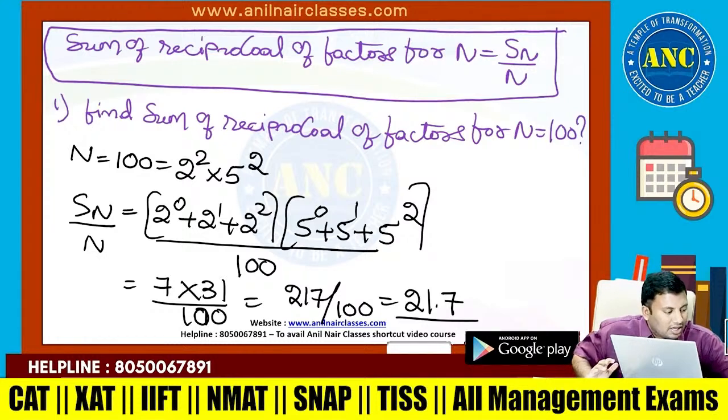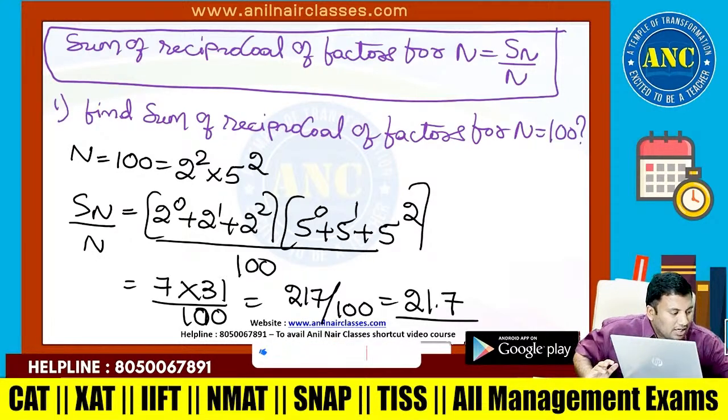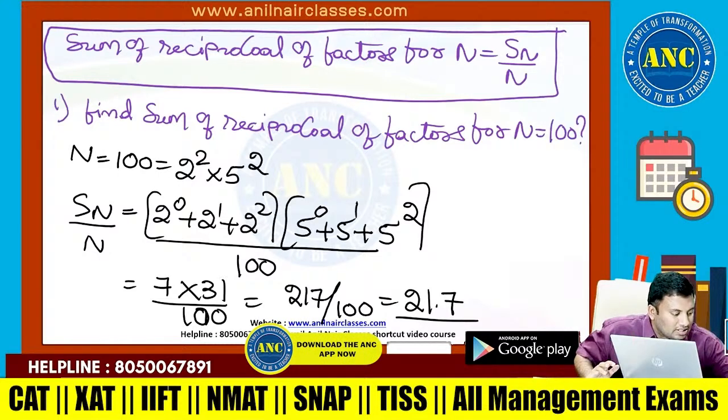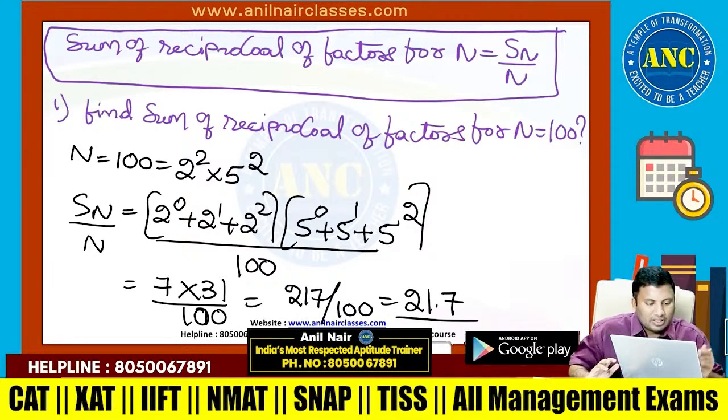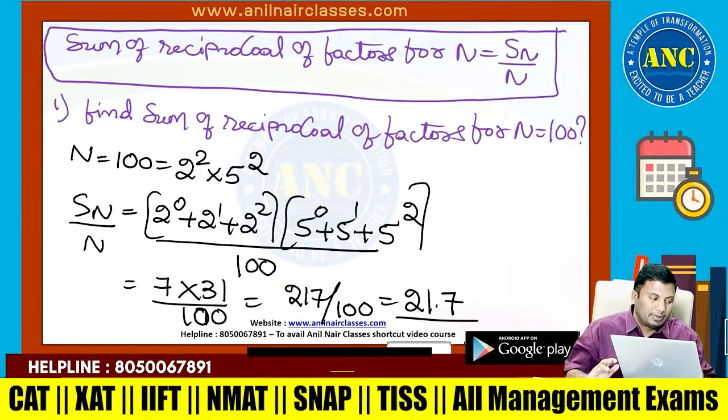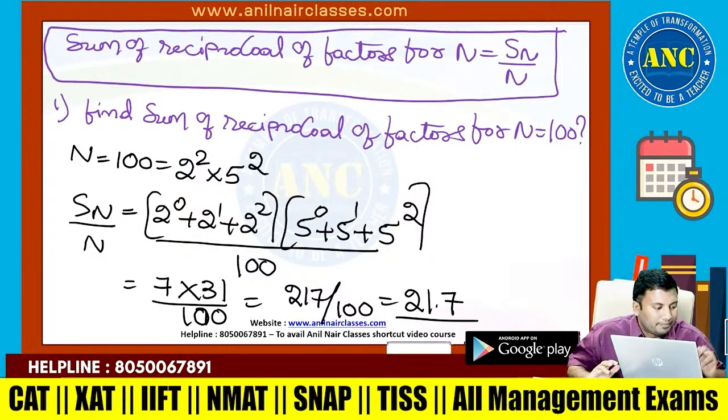Sum of the reciprocal of the factors is given by sum of the factors by the number itself. I hope this idea is clear. But in sum of the reciprocal of the factors, there is a very important concept. Please write down a note.